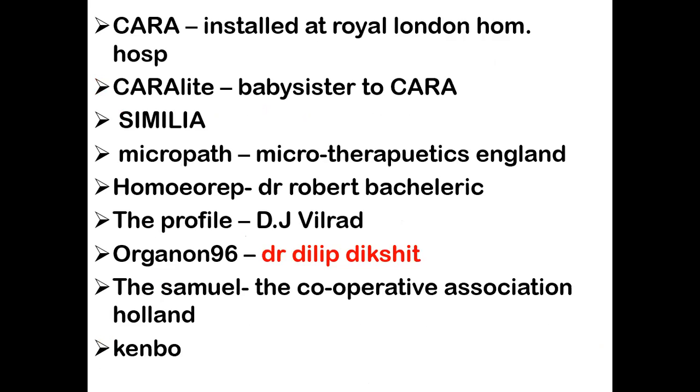Cara installed at Royal London Homeopathic Hospital, Carolite, baby sister to Cara, Similia, Micropath, Microtherapeutics, England. We are just reading it because we have to know that these are the computer repertories.